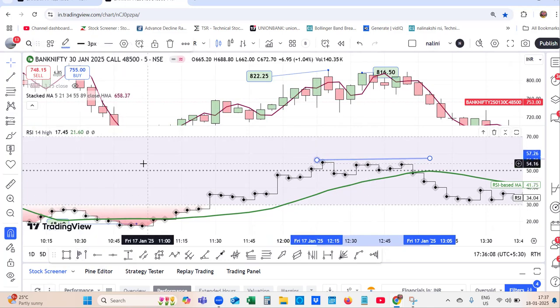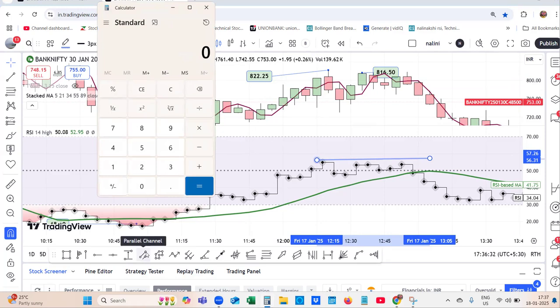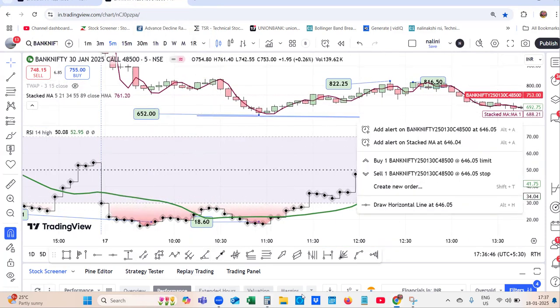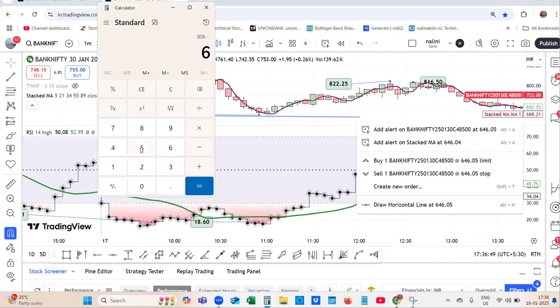So you entered around 655 and you got a profit. You may not hold till that time, or you can hold for that. In this candle, if you would have exited around 806, that is, if I take the calculator, 806 minus 655.